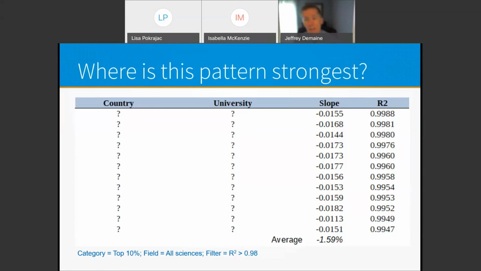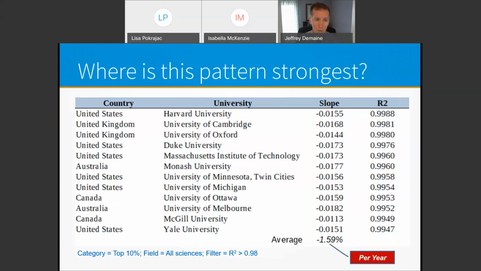All right. So here we have just the top 12 in terms of the highest R squared, the strongest coefficient of determination. What is the strongest, most accurate pattern? I ranked them from top to bottom, so 0.99 all the way up there. These universities tend to have a slope that is slightly negative, about negative 1.6% per year.